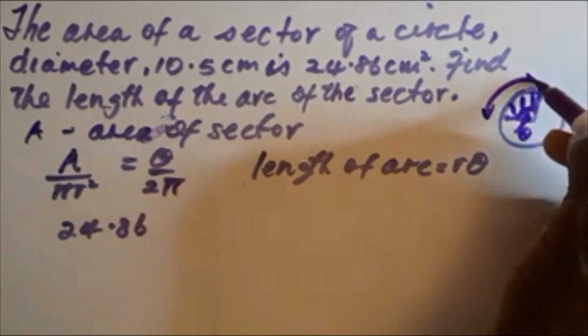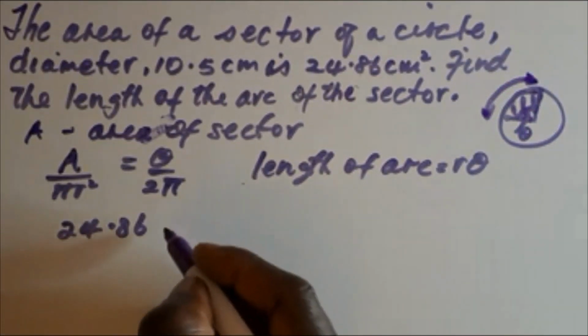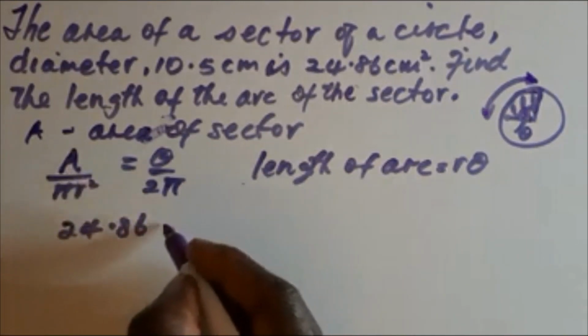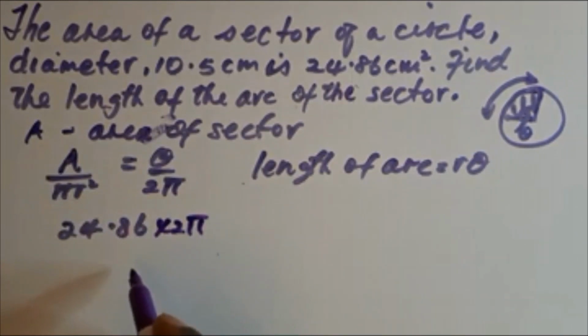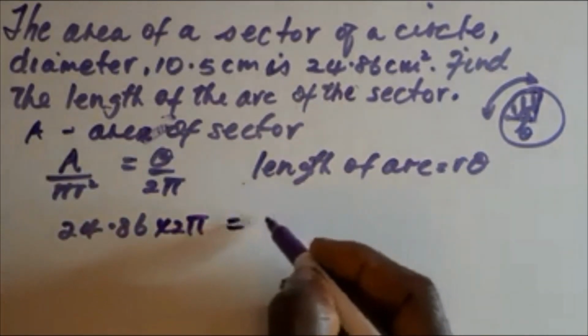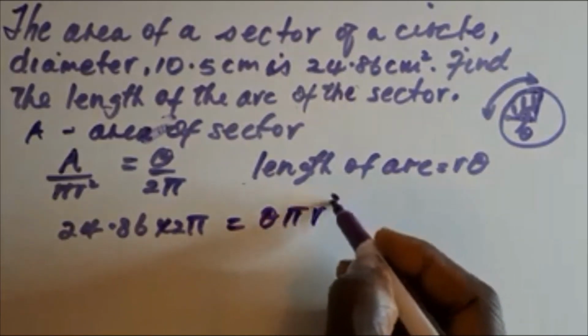We're trying to find the length of that arc. So we have this times 2 pi, we cross multiply, is equal to theta pi r squared.